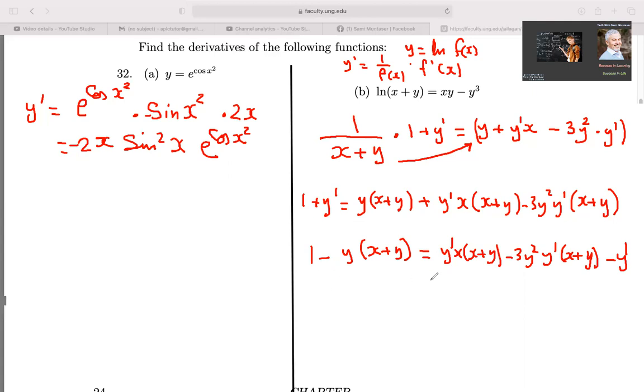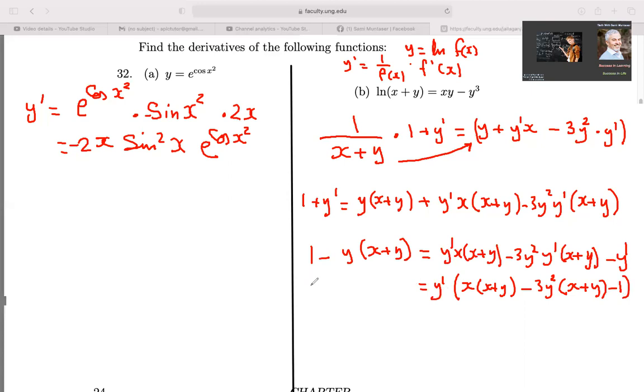Now I'm going to take out y prime as the greatest common factor from here. So y prime is the greatest common factor, and I'm going to get x times x plus y, minus 3y squared times x plus y, minus 1.